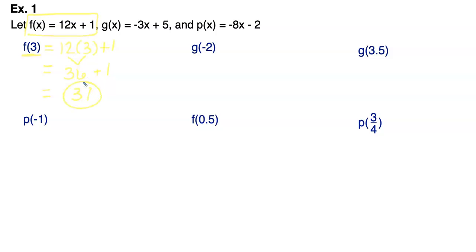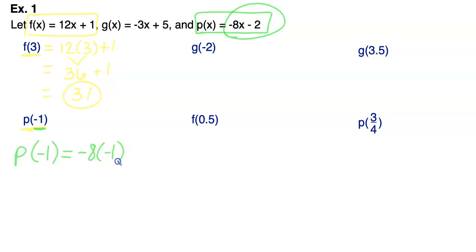I'm going to go ahead and do this one that's right below this, which says p of negative 1. So I'm going to use the function that has the p right here in the green. So I went for p of x. My x right here is negative 1. And then here's my problem. It says negative 8 times whatever x is.